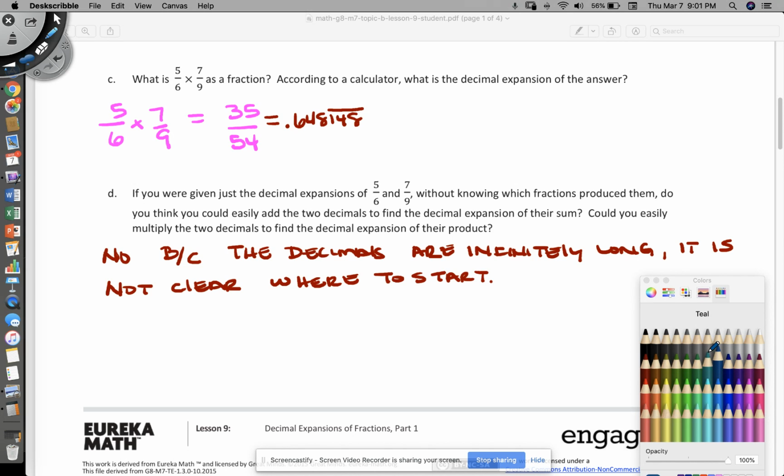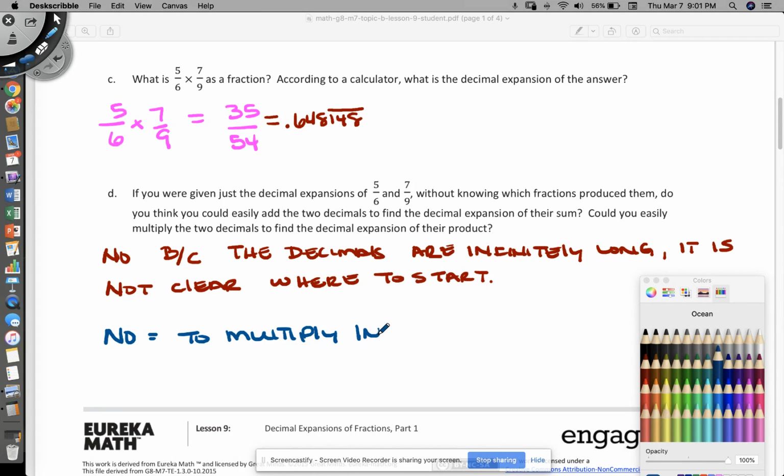All right, what about multiplying them? I'm also going to say no to that. To multiply, could you imagine multiplying these decimals that never seem to stop?